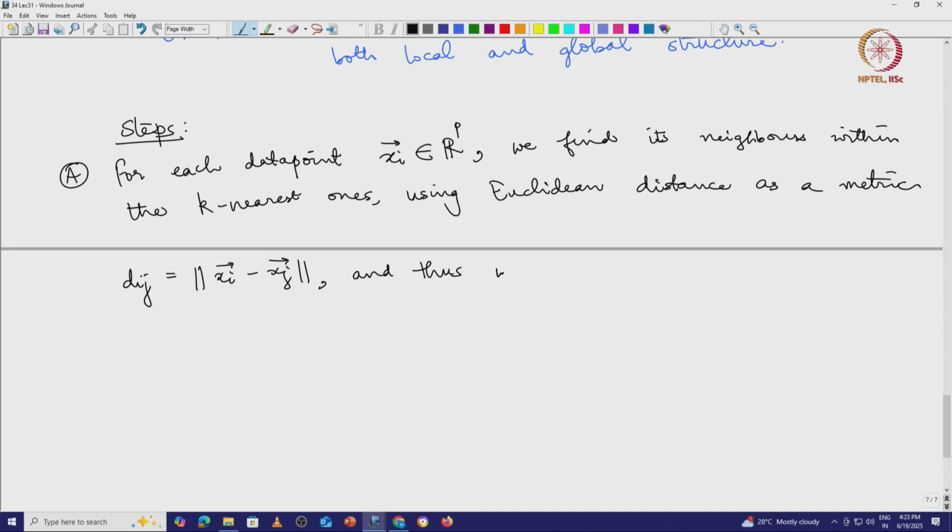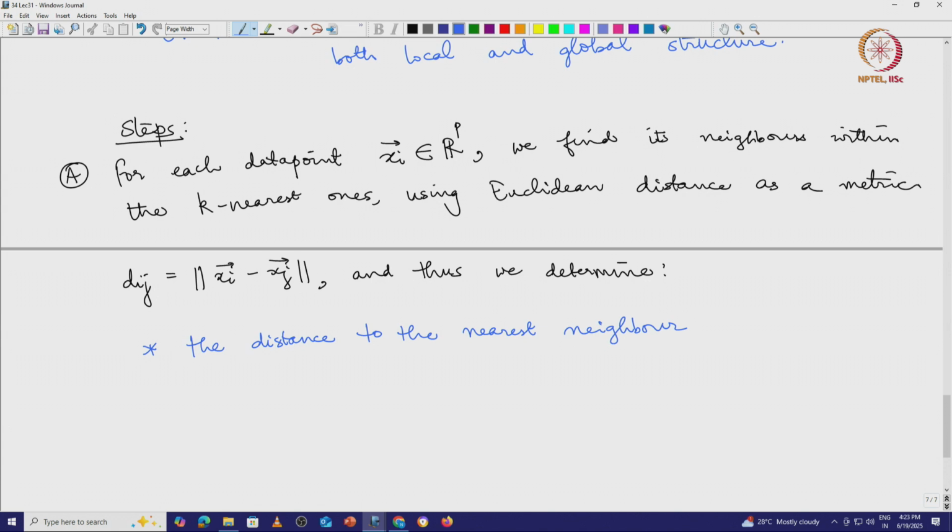we determine the following quantities. The first is the distance to the nearest neighbor, and this is used as a normalization factor in the conditional probability.